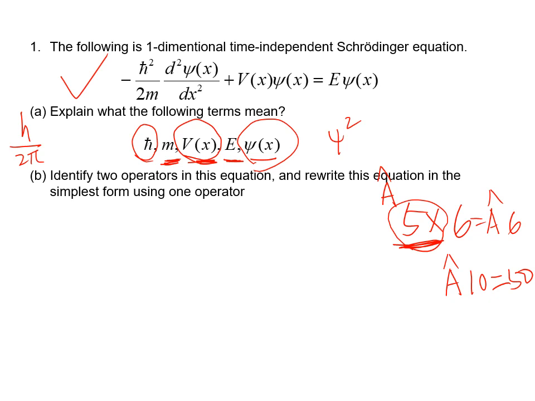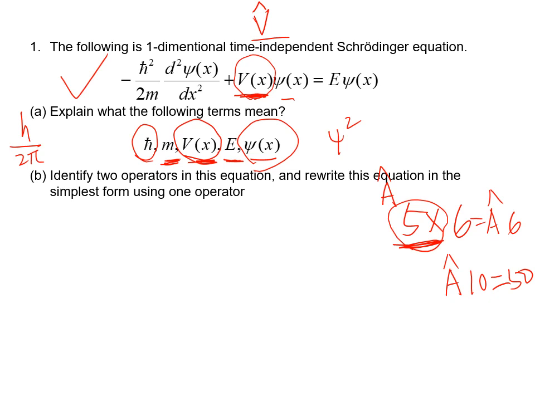If we look at the Schrodinger equation, potential energy times wave function, that's an operator, a potential energy operator. So we can write the symbol for the potential energy operator. That's a potential energy multiplication.